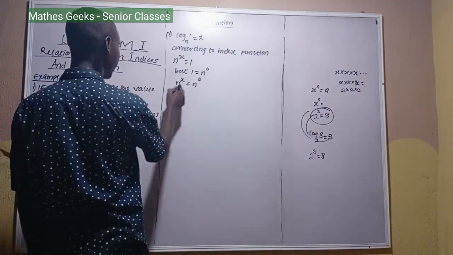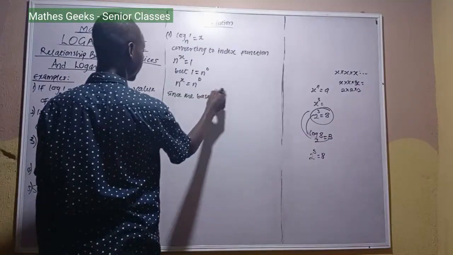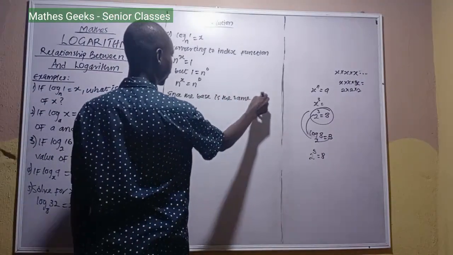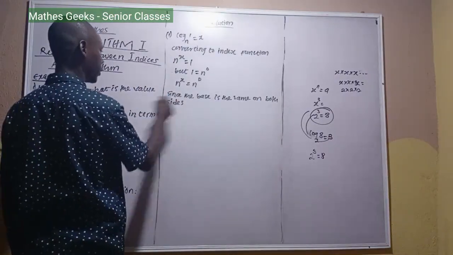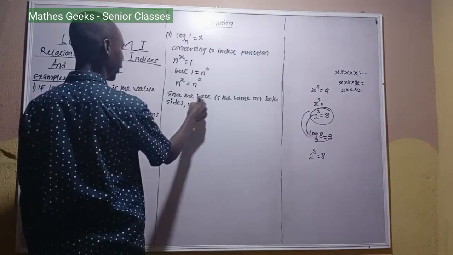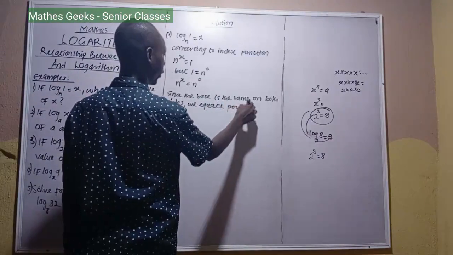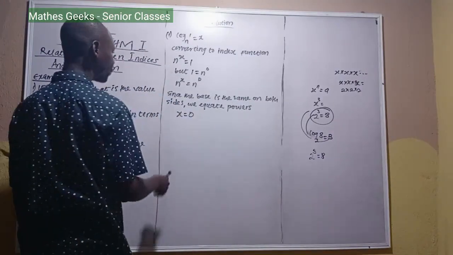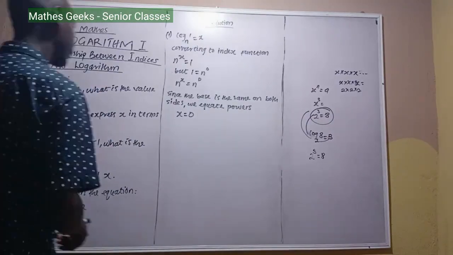Since the base is the same on both sides, we equate powers. That implies that x is equal to 0. So that's your answer for number 1.